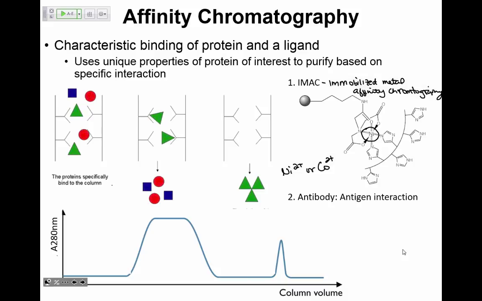All right? How does this interact with our protein? Well, specific amino acids can coordinate to divalent metals, specifically histidine. All right? And so remember when we talked about ways of expressing our protein, that molecular biology was one way, and so you can engineer what's known as a his tag, a polyhistidine tag.